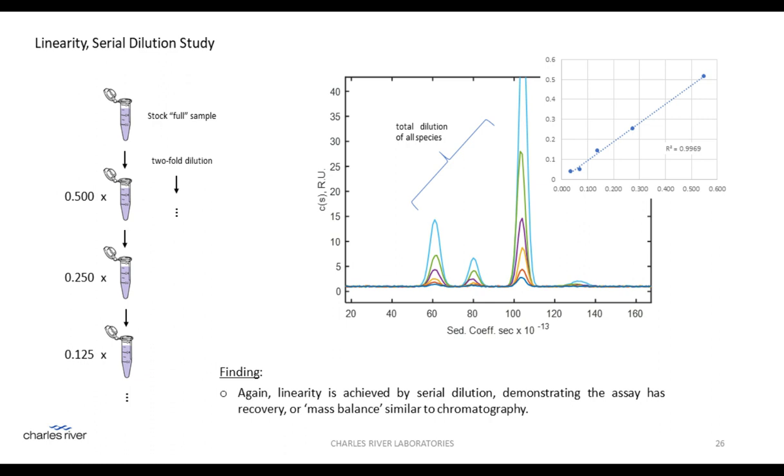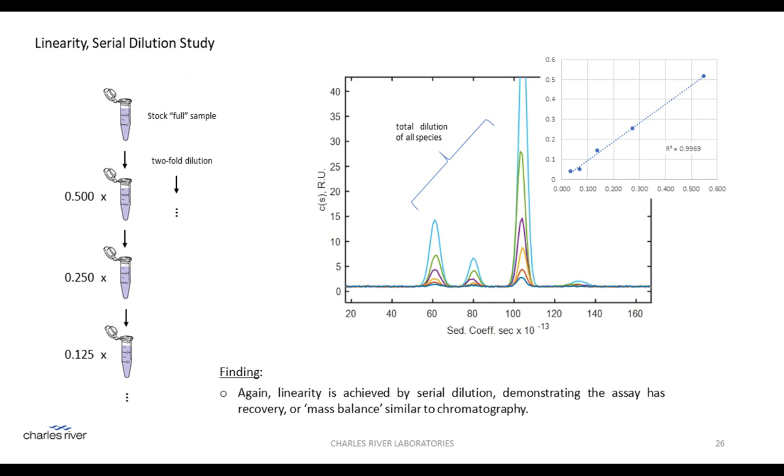A variation of the linearity challenge to AUC is the ability to show a correlation between the total integrated area as a function of the overall amount of sample loaded into the cell. And this is what I illustrate here in this slide, where we start with a stock of that full sample and then just do serial two-fold dilutions downward from there.